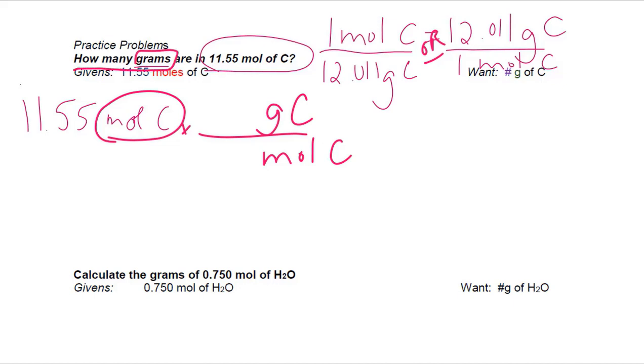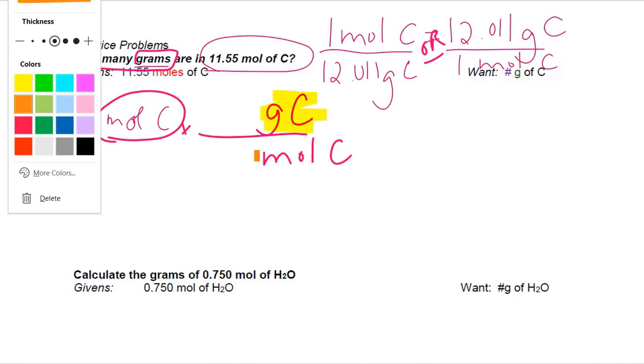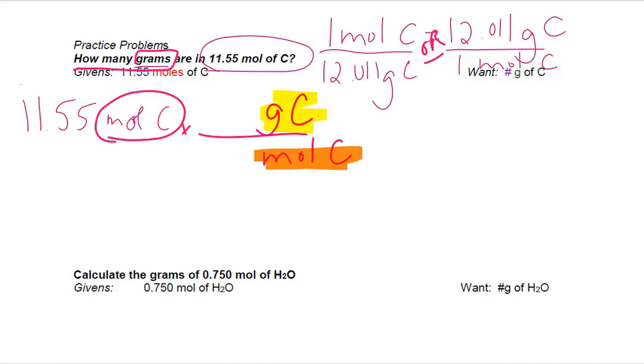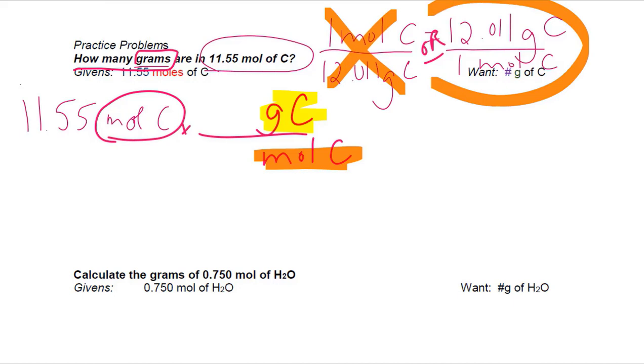Remember, it's what you want over what you got. What you want, I want grams of carbon. What have I got? I've got moles of carbon. So I need to use not this one, I want this. So I'm going to write my 12.011 grams of carbon for every 1 mole of carbon.